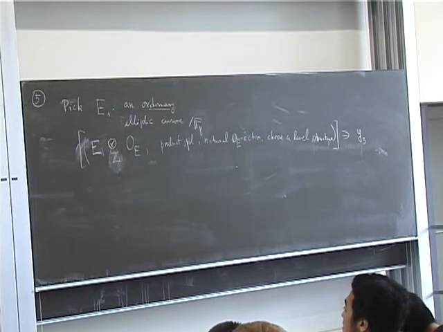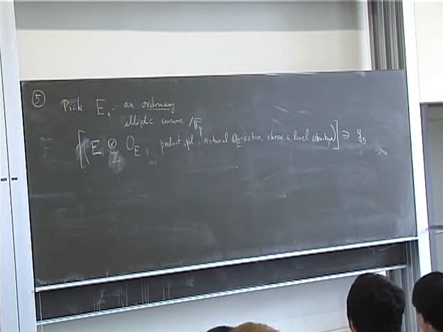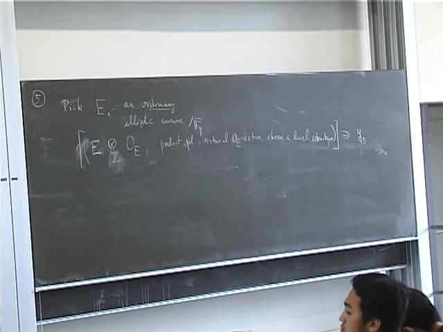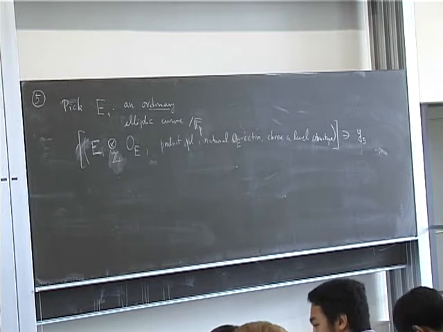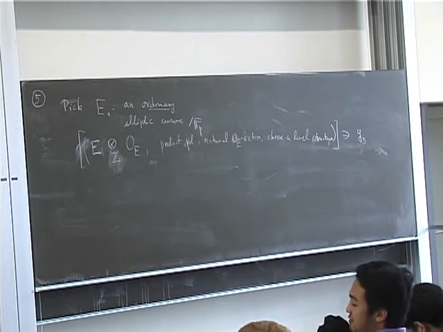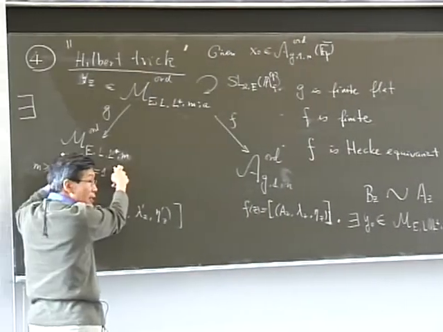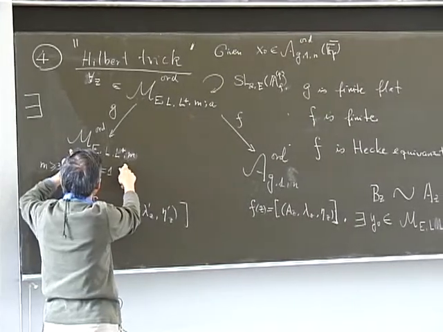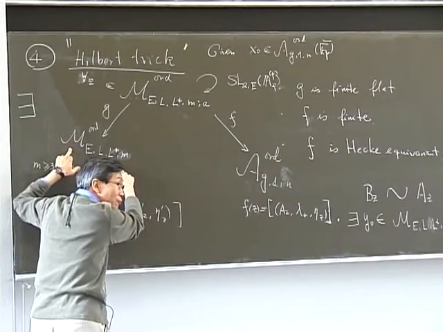Now I know that I can lift it up. By what we know from theorem 2, I know that the Zariski closure of the Hecke orbit on here surjects to the Zariski closure of the Hecke orbit here, which is everything.